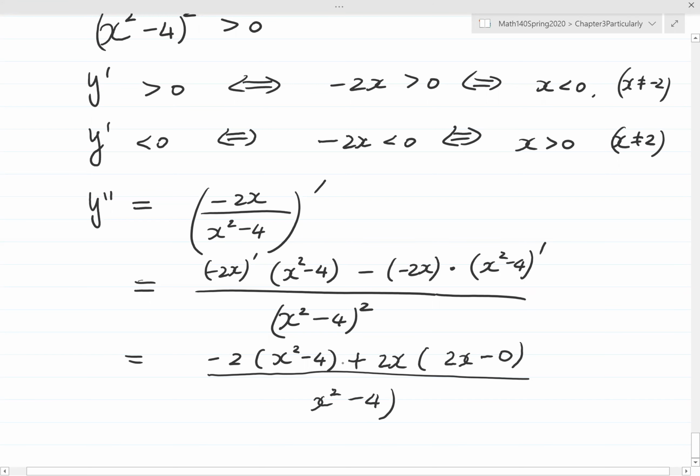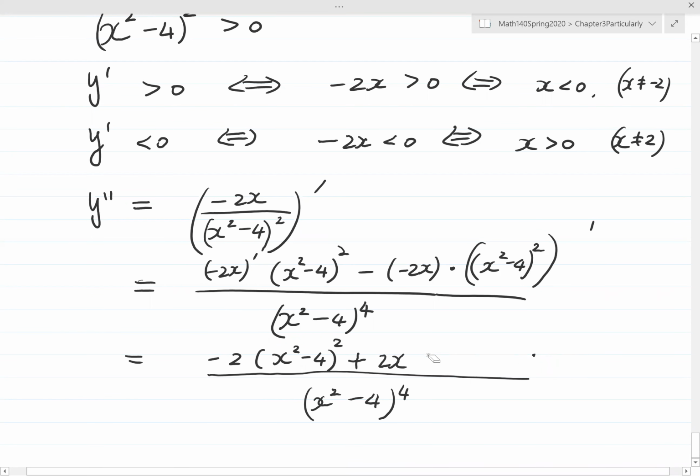Sorry, did I miss something? Yes, I think I missed something. The denominator should be squared. So this will be squared, and this is to the power 4. That was the inner derivative, so we also need to multiply by the outer derivative.